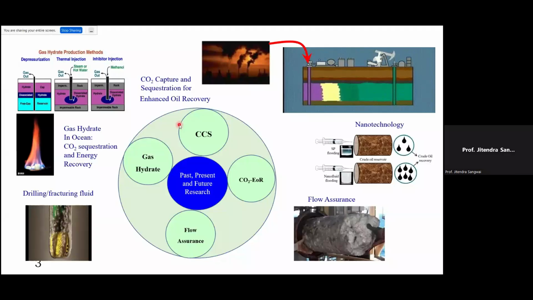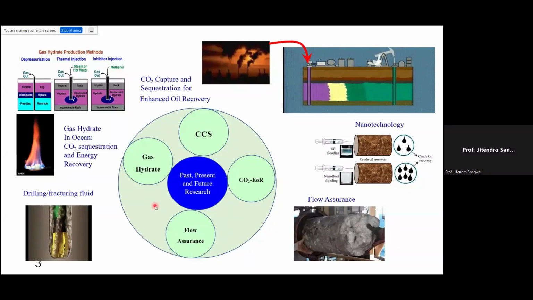I will also show you how gas hydrates are one of the potential sources of energy for mankind in the near future. In addition, we have been working on reservoir engineering aspects, drilling fluids and fracturing fluids, and many of our PhD scholars have carried out a variety of work in these domains.